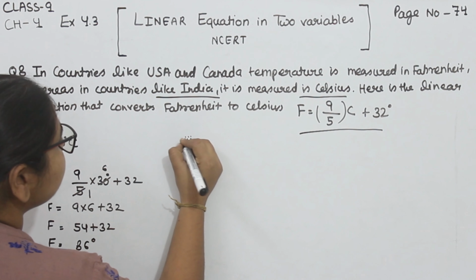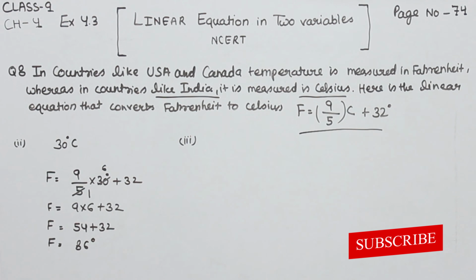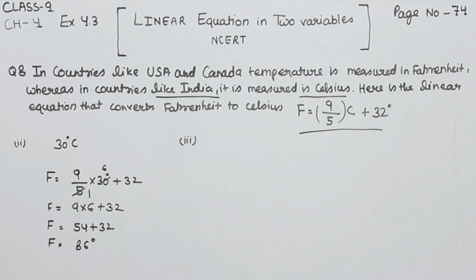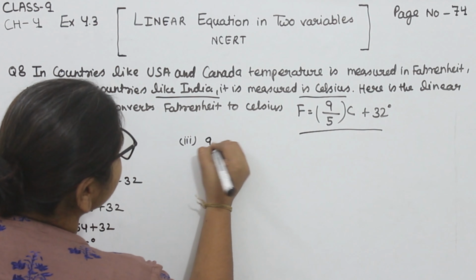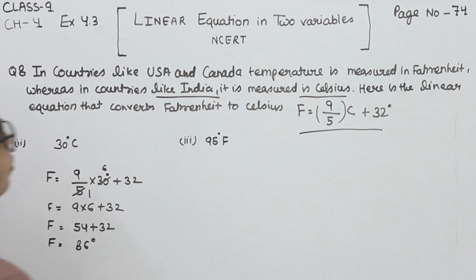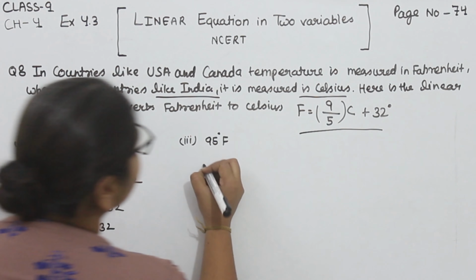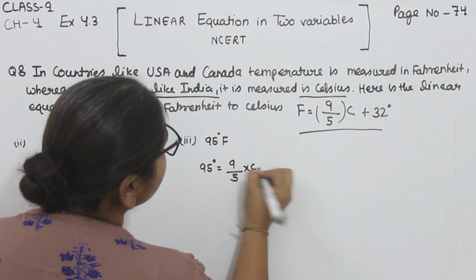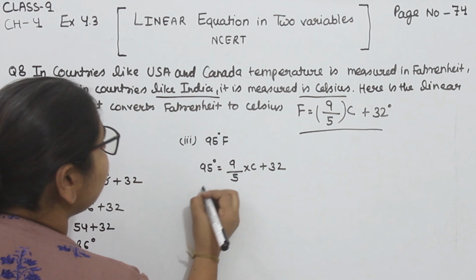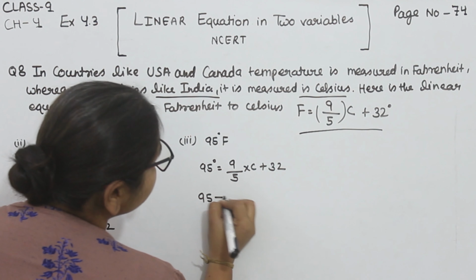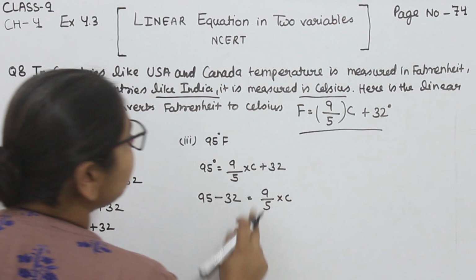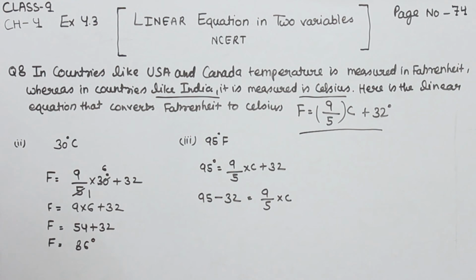Now we come to the third part. Please refer to the book for the third part. In the third part, it is given that the temperature is 95 degrees Fahrenheit. Now the temperature in Fahrenheit is given and we have to calculate it in Celsius. So start with 95 is equal to 9 by 5 multiplied by Celsius plus 32. Now 95 minus 32 is equal to 9 by 5 multiplied by Celsius.